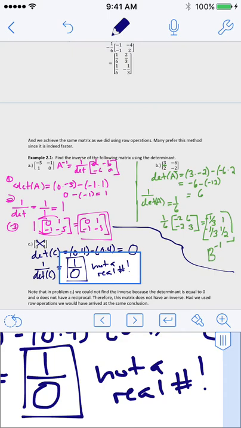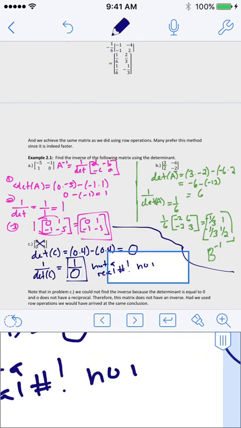So if your determinant is 0, you've already figured out that it is one of those cases where there is no solution. And that sucks, right? So this would be no inverse. But notice it took like 20 less seconds to figure that out than it did with row ops. So if your determinant is 0, you do not have an inverse.